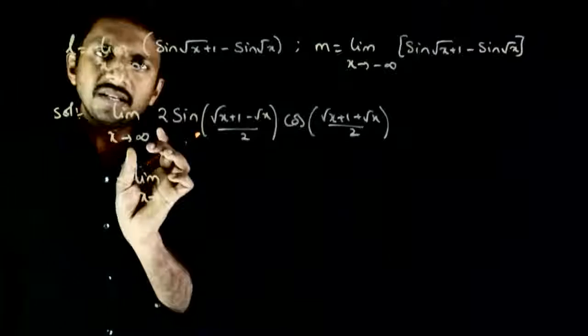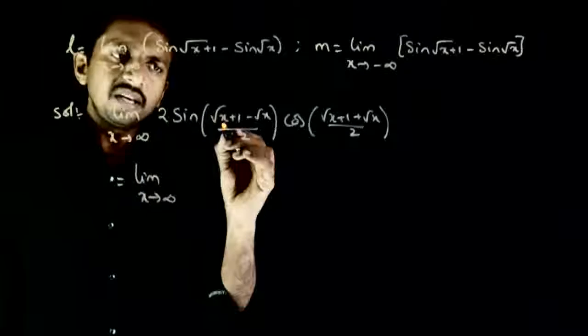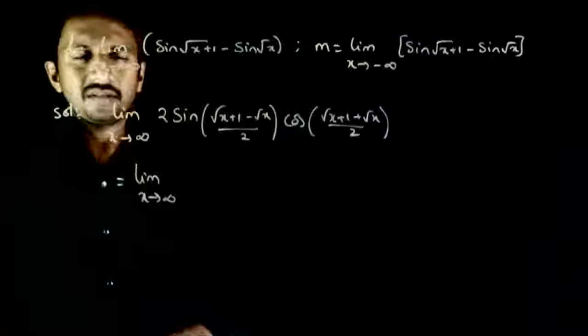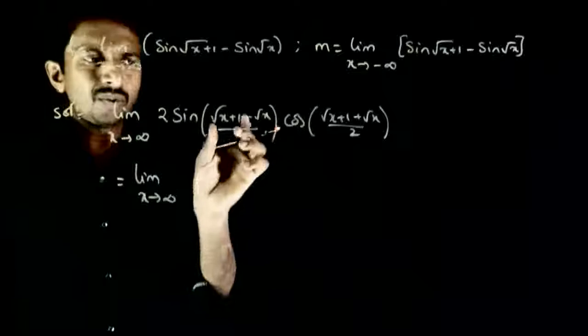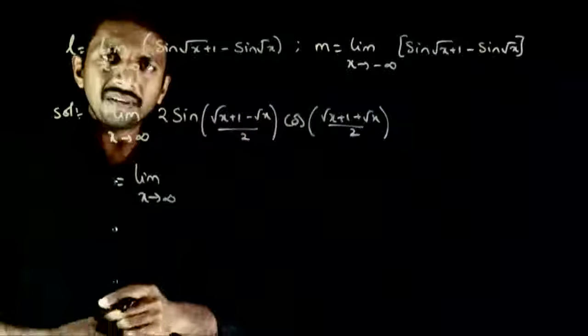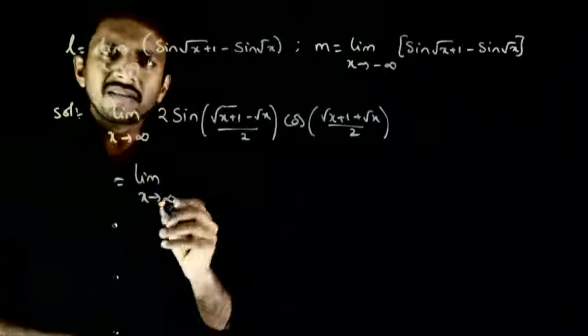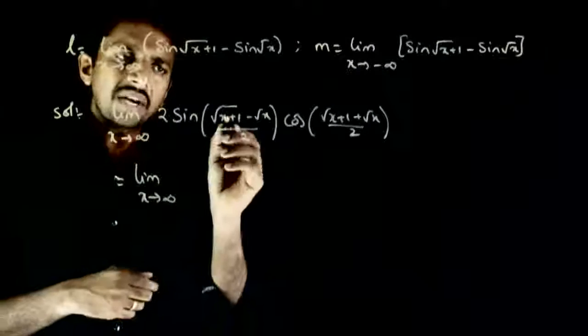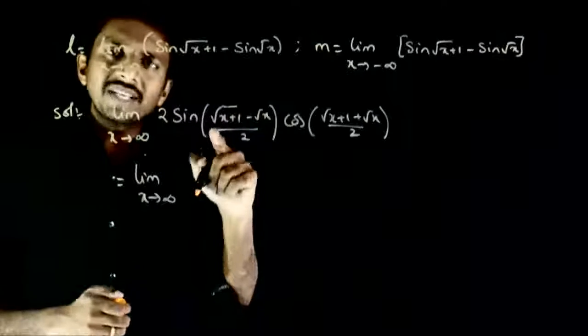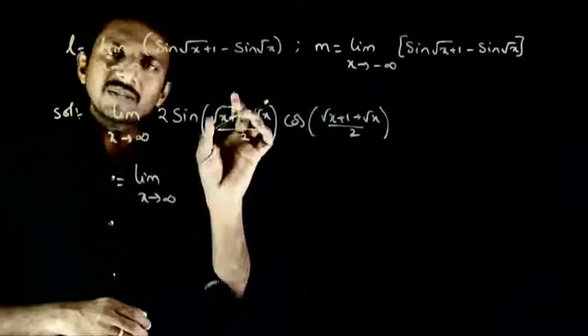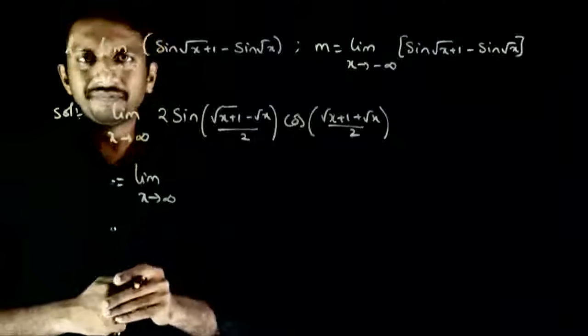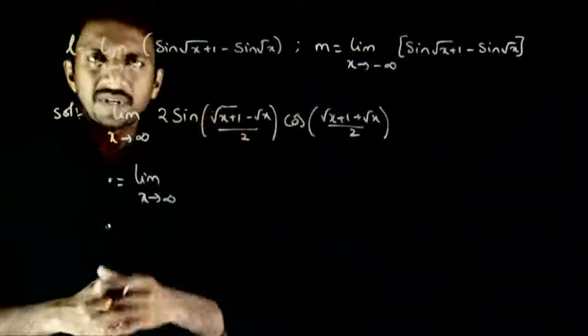So at x tends to infinity, आप देख सकते हैं root of x plus 1 minus root x कहा जाएगा root of infinity plus 1 minus root infinity. Infinity is a very large number, तो इसको plus 1 करने से कुछ फर्क नहीं पड़ेगा. So 1 can be neglected. So root x plus 1 minus root x is tending to 0. So ये वाला term 0 पे जाएगा.